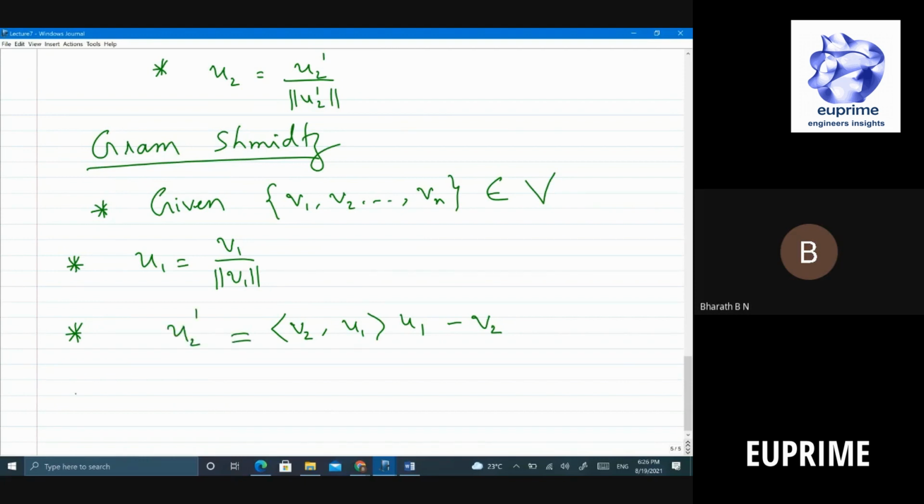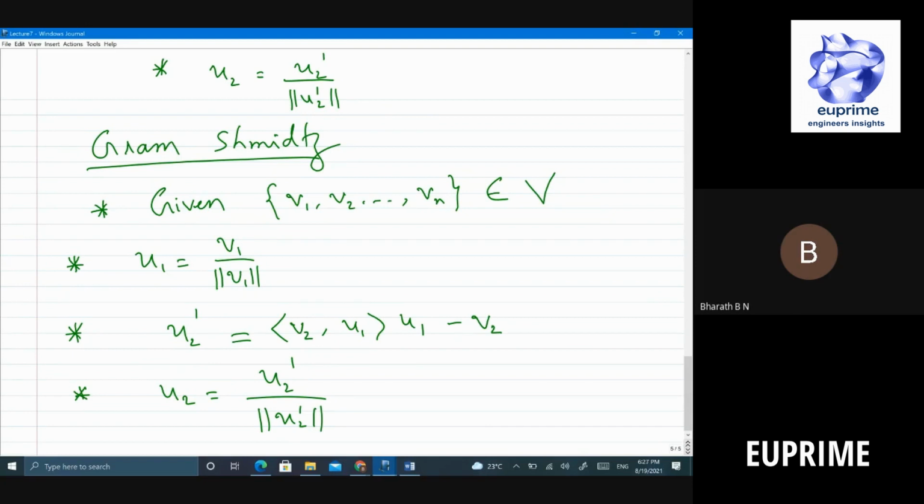Now u2 is u2 dash divided by norm of u2 dash. You can check that these are orthogonal and orthonormal. Okay, so what is the third step? See, now things will change, right? You have two vectors, u1 and u2, which are orthonormal. Now I have to come up with the third vector which is orthogonal to both, right?